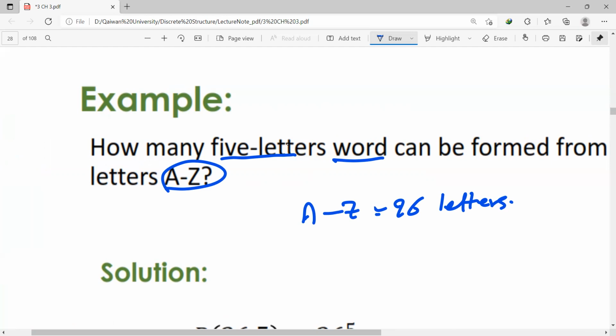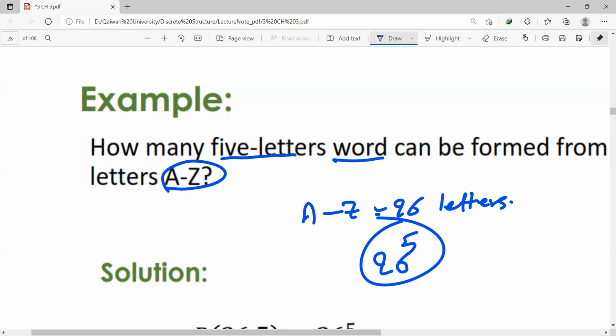What's the permutation if we choose 5 from A to Z, if repetition is allowed? We choose the first one out of 26. How about the second one? Again out of 26, up to 5 times. That means it equals what? So 26 to the power 5. Yes, 26 to the power 5.